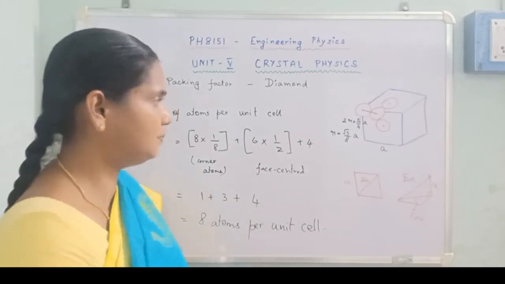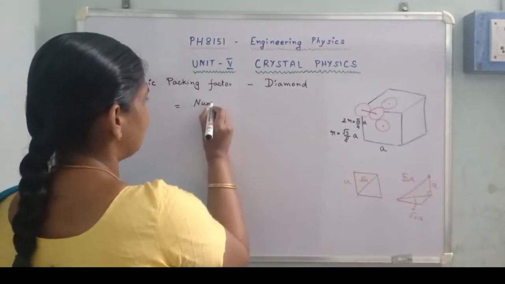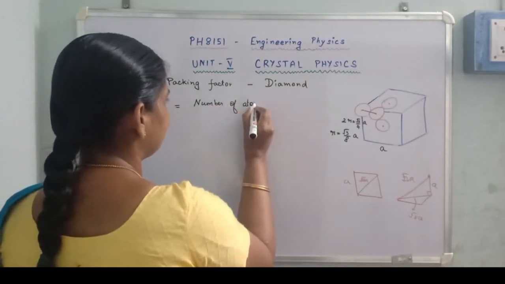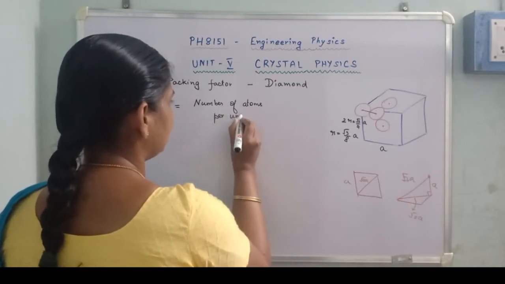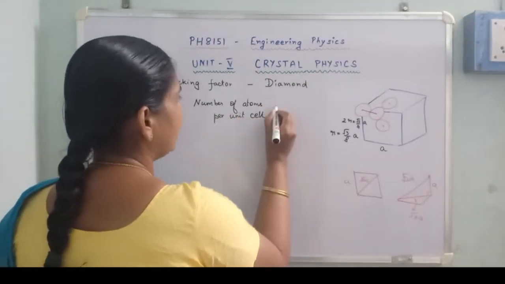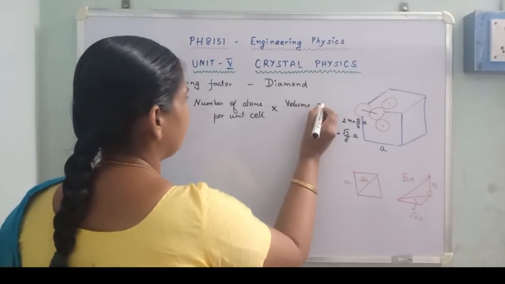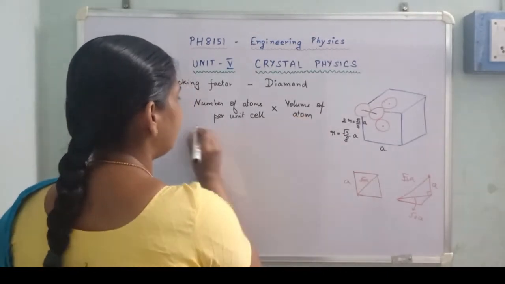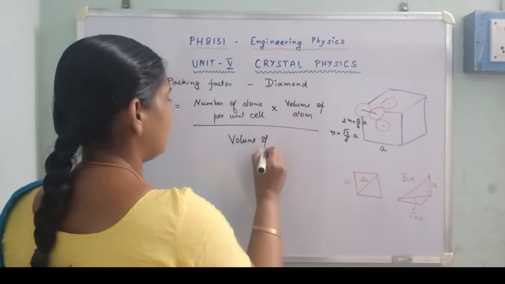Atomic packing factor is number of atoms per unit cell into volume of each atom divided by volume of unit cell.